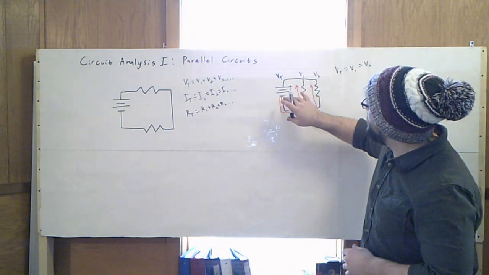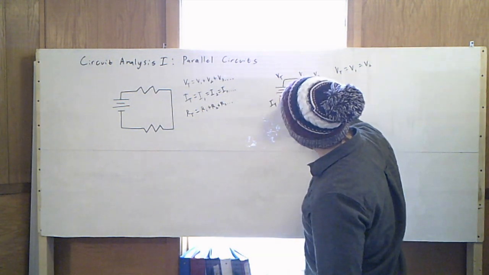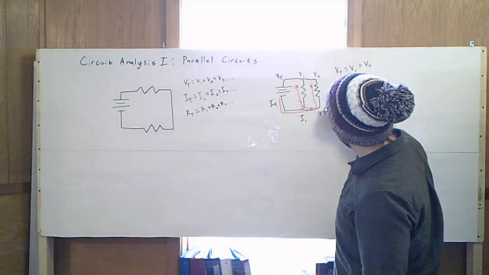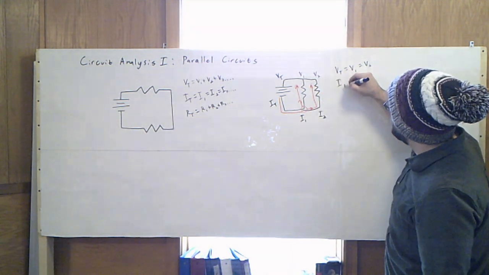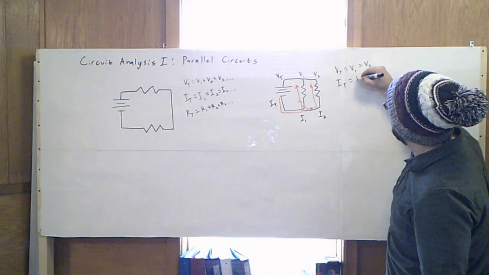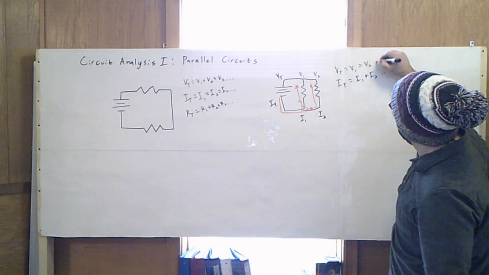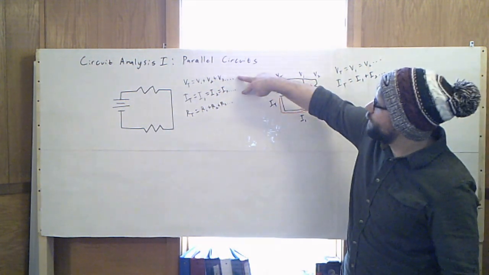So in a parallel circuit, my total current is going to be equal to the current added together in each of these. So we see that our rules for voltage and current just switched.